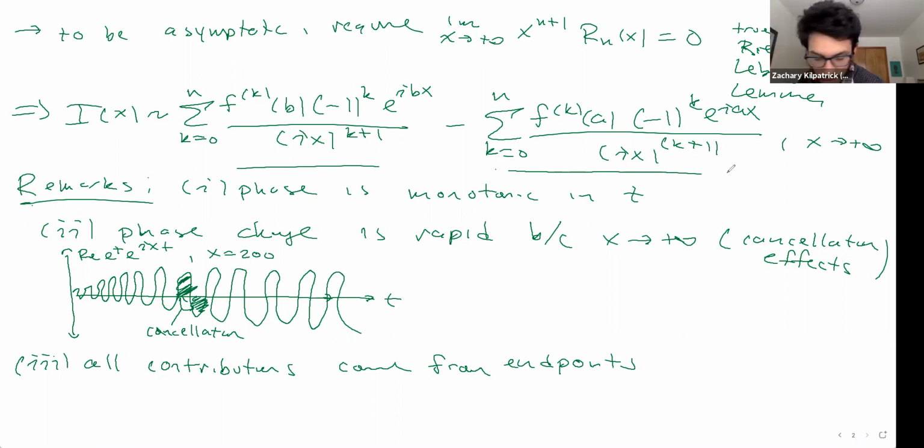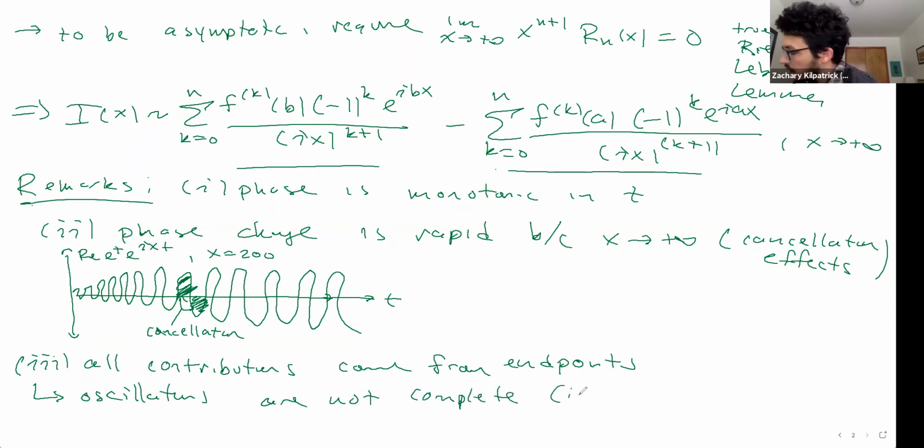Okay. And so the reason this happens is that those oscillations are not complete. Okay, they don't include a full period.